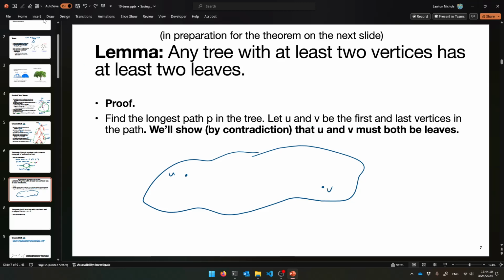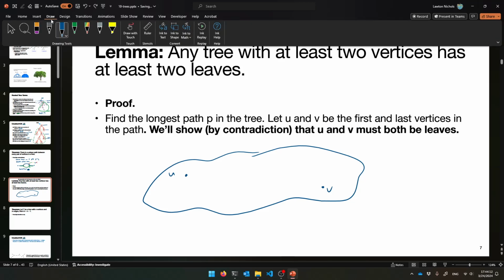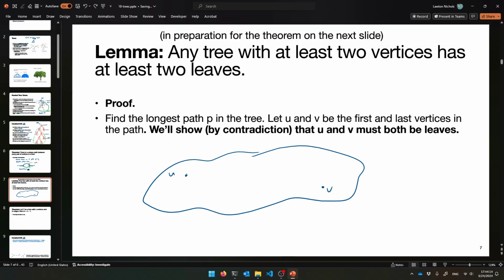Who knows what that path P looks like through this tree, but it looks something like this. Let's say there's my path P, and it's a tree, so it's connected to other things. U and V are connected to other things, like it veers off. It looks weird, but let's say that this path P, the green one, is the longest one.